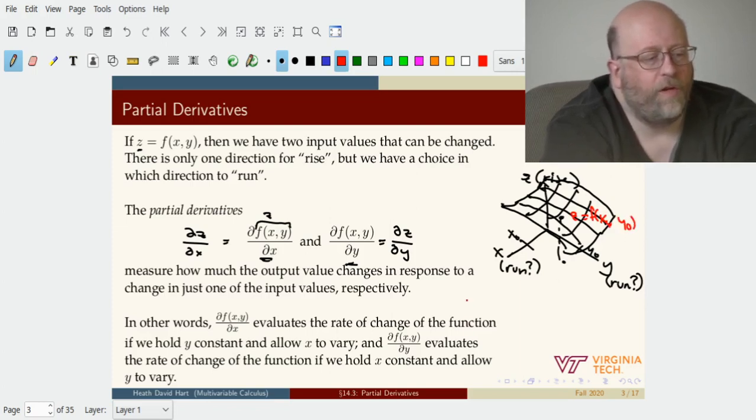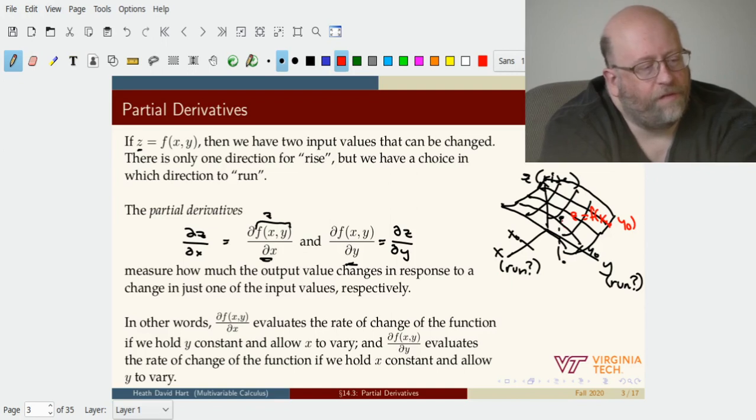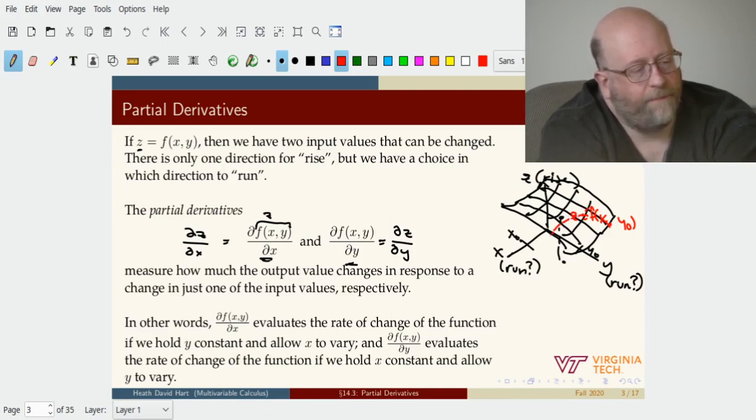Well, we have 2 different tangent lines to this surface. There's a tangent line in the x direction. There we go. And there's a tangent line in the y direction. In fact, we have more than 2 tangent lines, but we have a tangent line in both these directions.